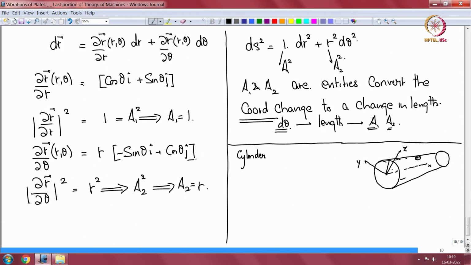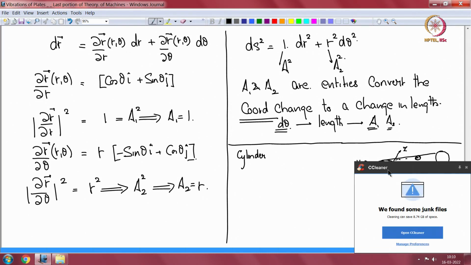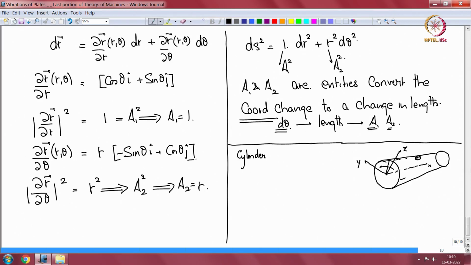And I'm going to measure theta from here. Okay, theta is measured from z axis towards y. Okay, so let's see how we describe this particular point. That is now parameterized in terms of x and theta.